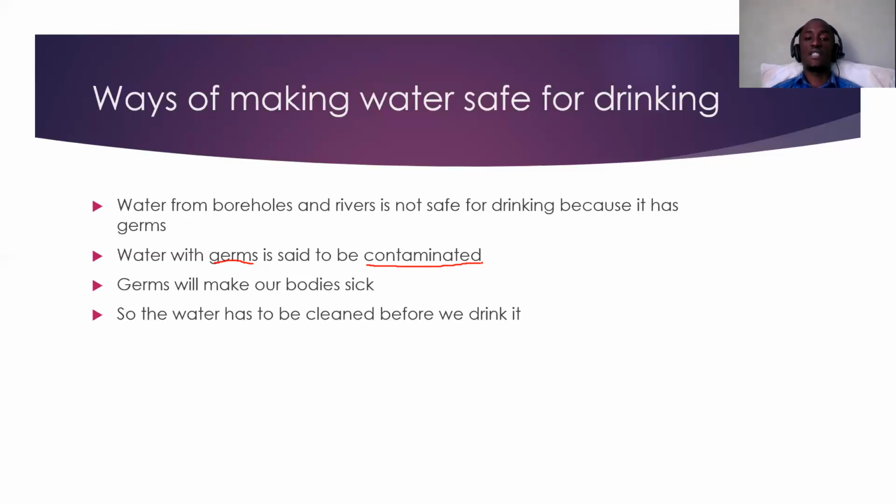Examples of contaminated water are rainwater, water from a river, a borehole, or a well. Such water is not safe unless you make it safe for drinking. Germs are found in contaminated water, and germs will make our bodies sick. So if you use contaminated water, pupils, you are going to be sick.